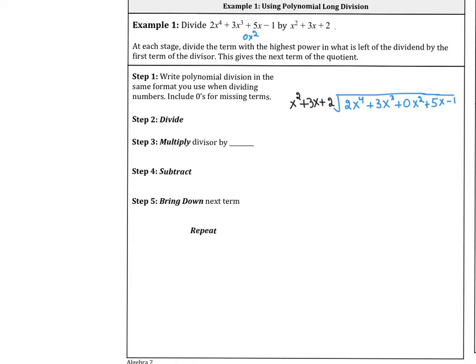Just like normal division, we are going to make sure to get the number so that we can cancel. So let me remind you what normal division is. When we divide, let's say, 32 by 2, the first number we need is a number that is 3 or less than 3.